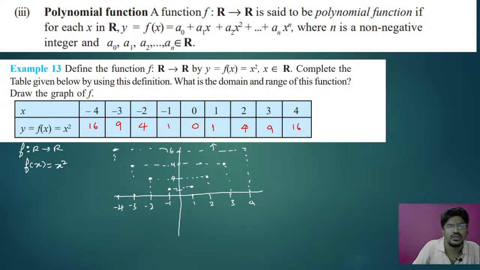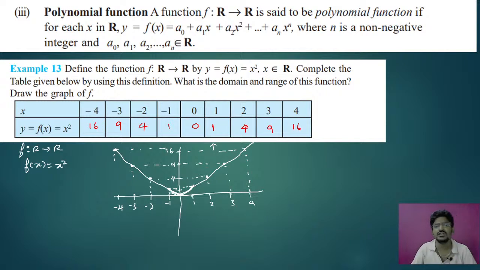Okay, so now if you join these points, it will be in the form of this curve. It will not have a sharp edge, it will have a smooth edge.